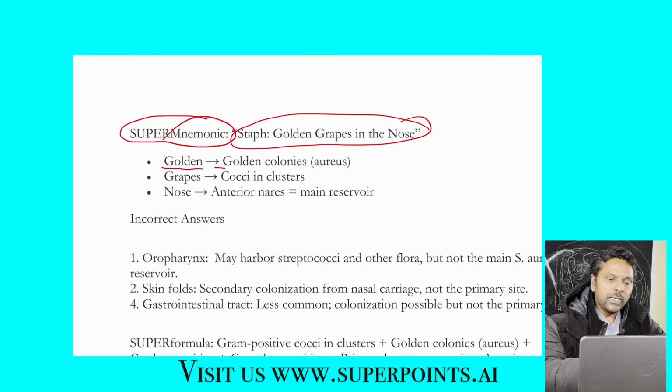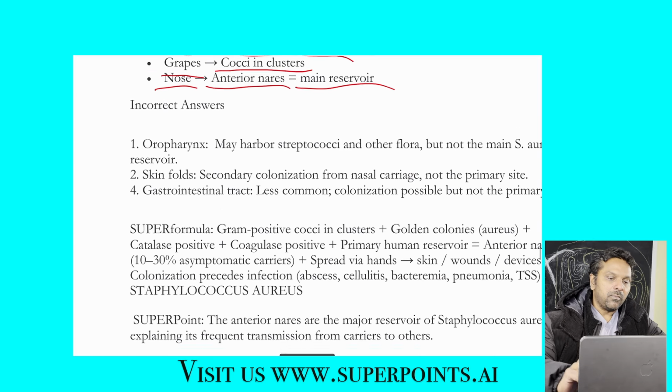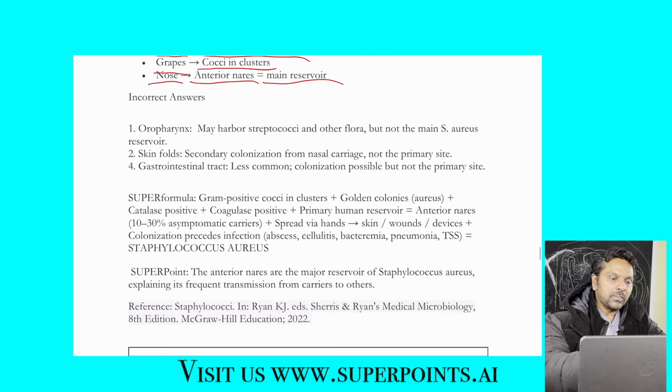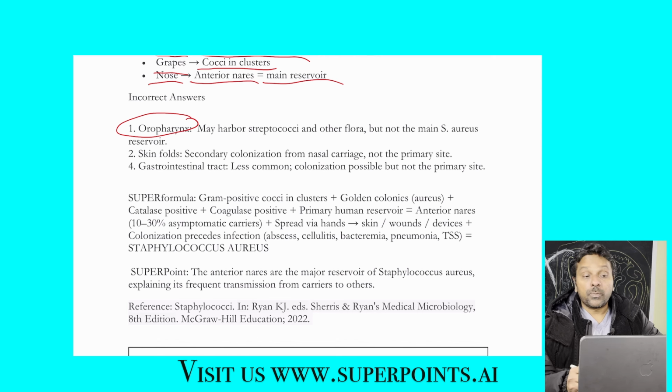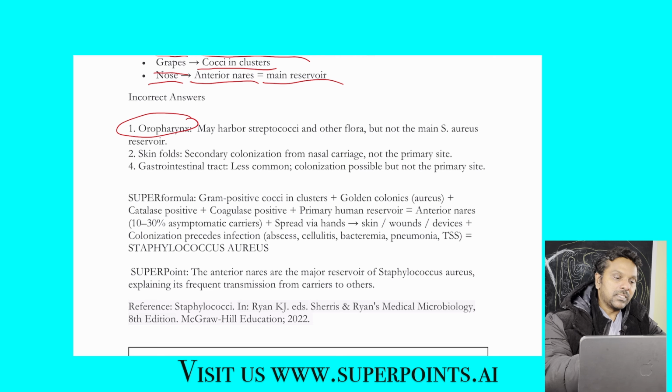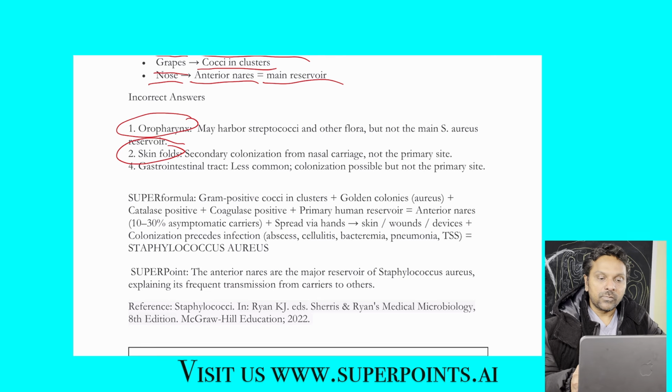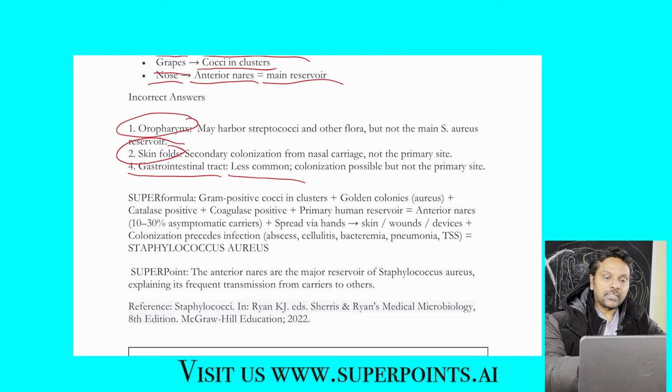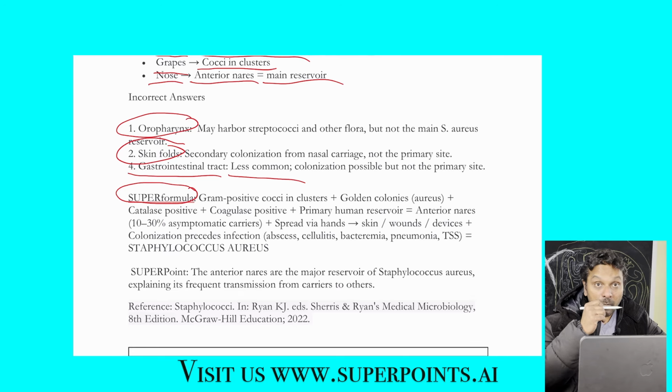So golden colonies, grapes, cocci in clusters, nose, anterior nares, main reservoir. How about other things? Oropharynx may harbor streptococci and other flora, but not the main Staph aureus reservoir. Skin folds, secondary colonization from nasal carriage, not the primary site. Gastrointestinal tract, less common. So, how about super formula? I told you, super formula is about finding certain keywords.